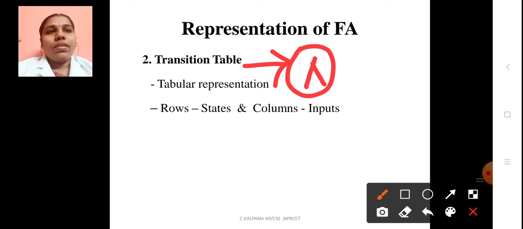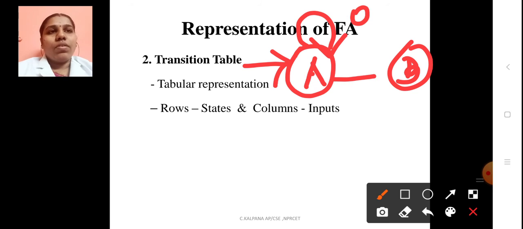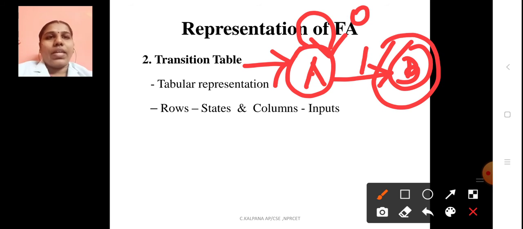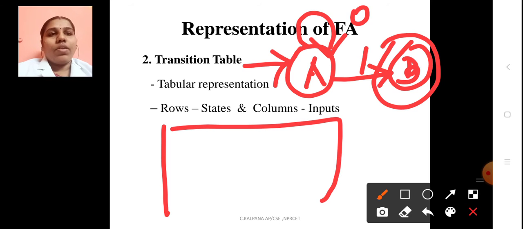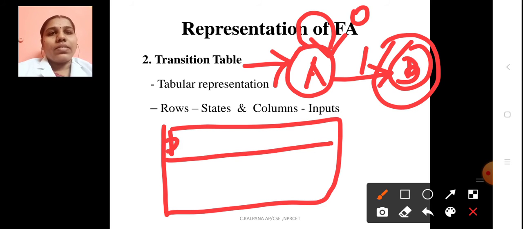This A and B, 0, 1, starting state and final state. It can be represented in tabular form. So I am drawing one table. Row represents states.